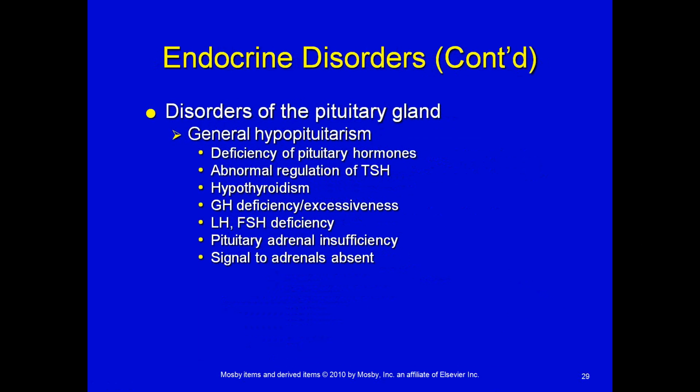You can have either deficiencies or excessiveness in these thyroid hormones, and essentially pituitary adrenal insufficiency as well, which, when hypopituitarism occurs, the signals to the adrenal glands can be absent. So the ability to stimulate the adrenals to release adrenaline into the bloodstream could be suppressed.